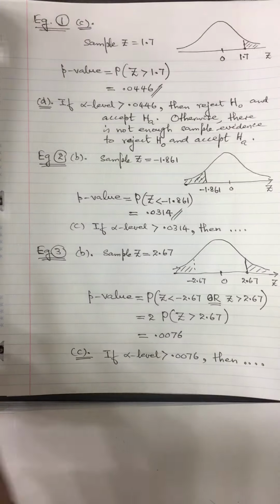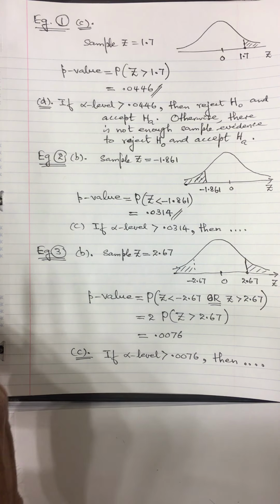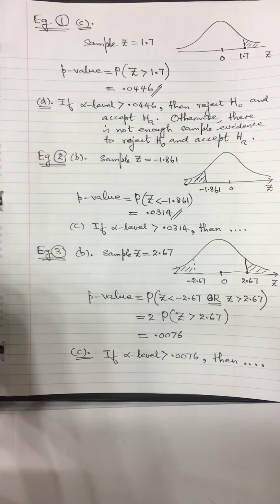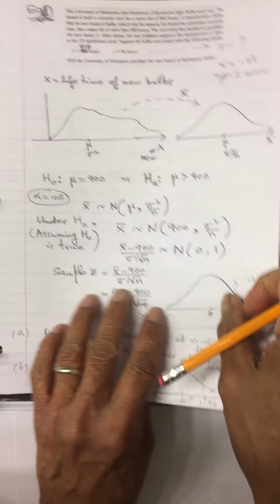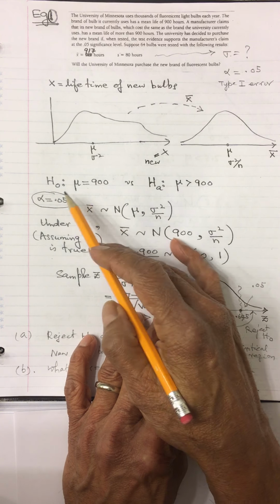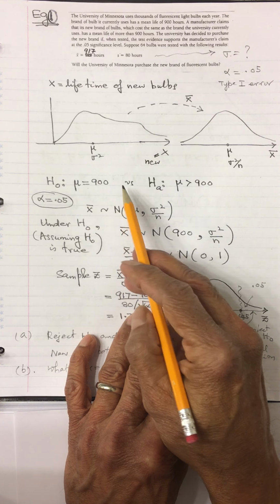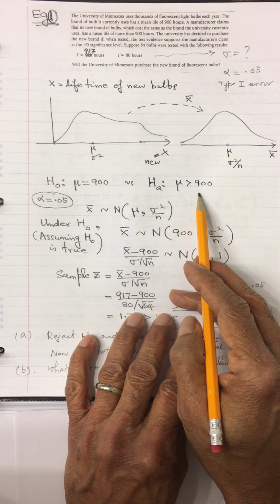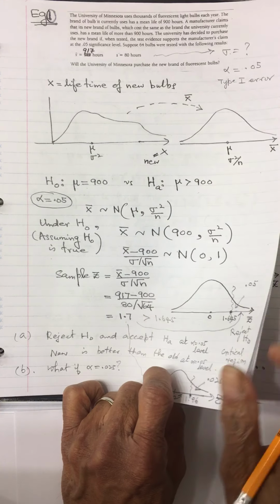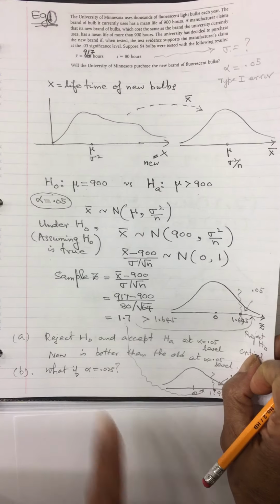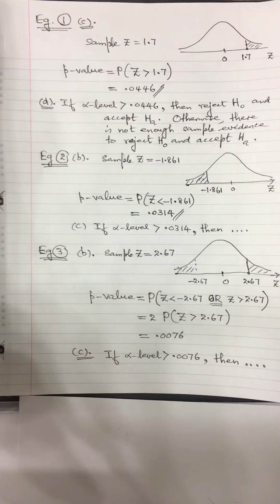So let us revisit our previous three examples. In example number one, this is the null hypothesis, this is the alternative hypothesis. In this case, the sample z was 1.7.